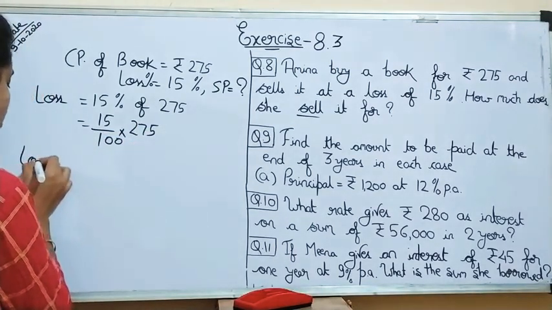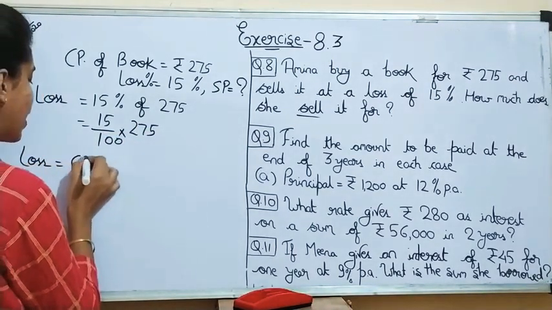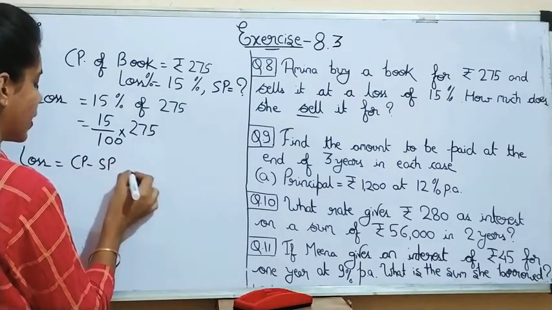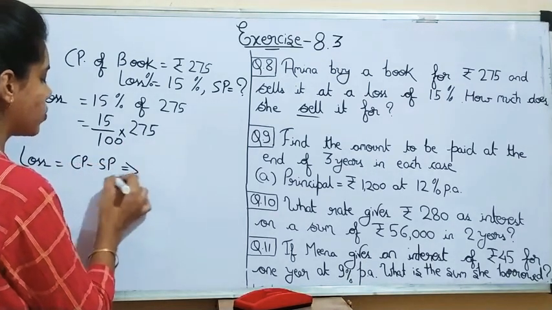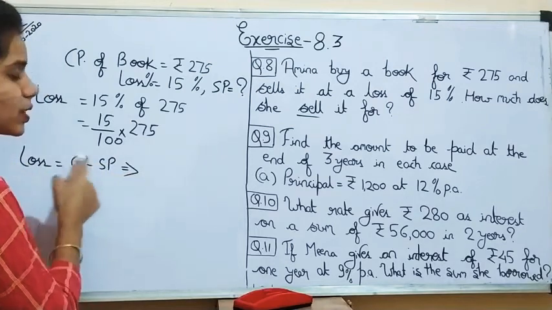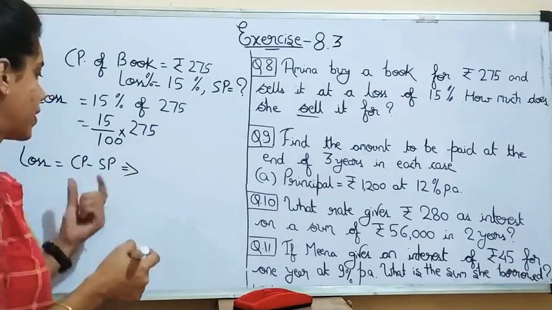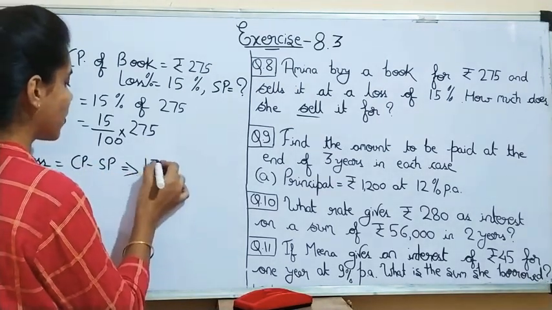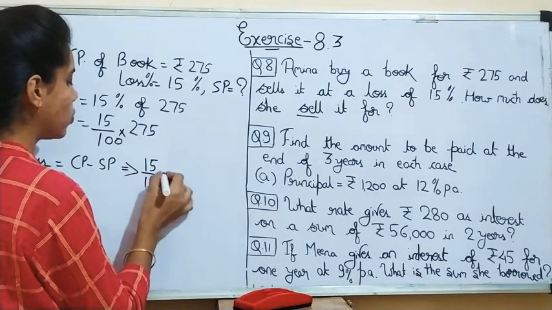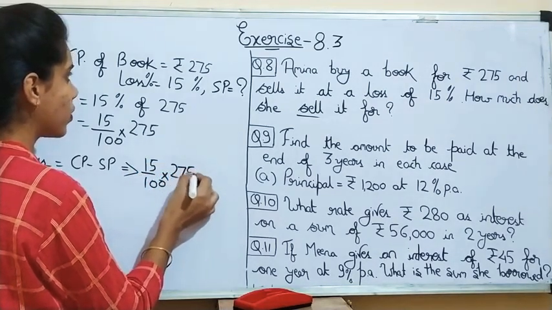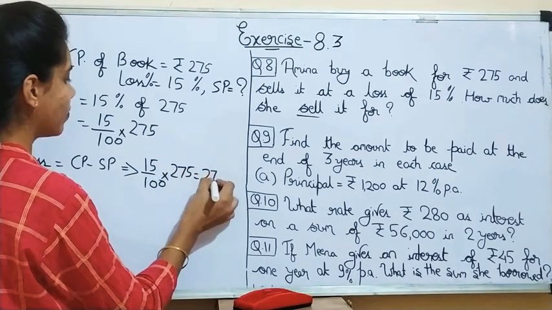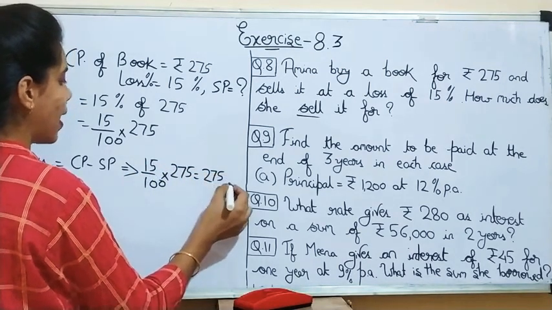Now the formula for loss is CP minus SP. Now we put in the values of CP and loss, and SP is not given, which means we need to find it. So loss, 15 by 100 into 275, equals 275 minus SP.